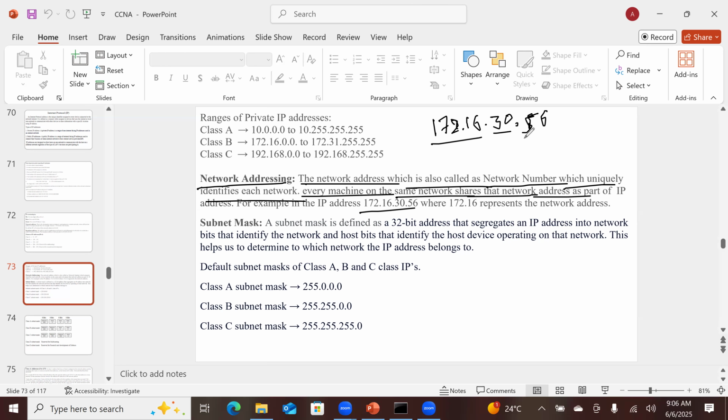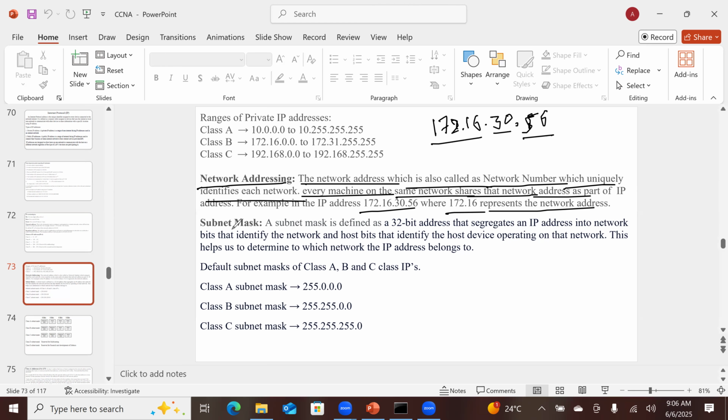The 30.56 is the host address given to a single host. 172.16 represents the network address, and the remaining 30.56 can be anything.